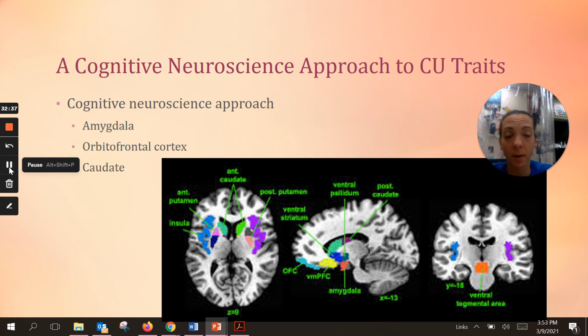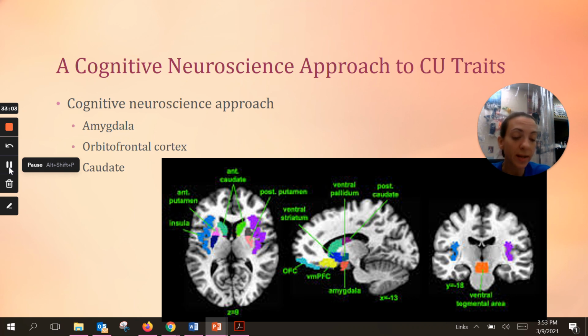So let's talk about prediction error signaling. This is important for the caudate. So this area is important for prediction errors, and a prediction error is when you expect a level of reinforcement that's not received. Unexpected rewards are associated with positive prediction and caudate activity. Unexpected punishment is associated with negative prediction and decreased caudate activity.